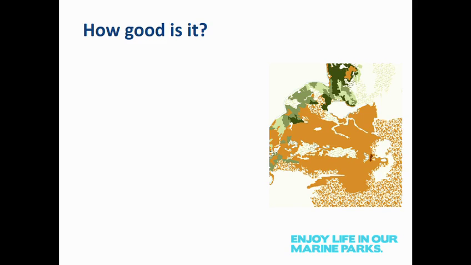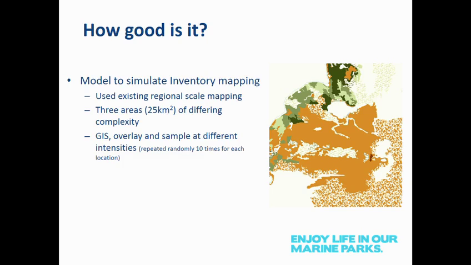The only way we could really test that was to go to an area where we have full cover mapping and try to model or simulate the inventory mapping process that we've developed, by overlaying sampling grids on existing mapping.